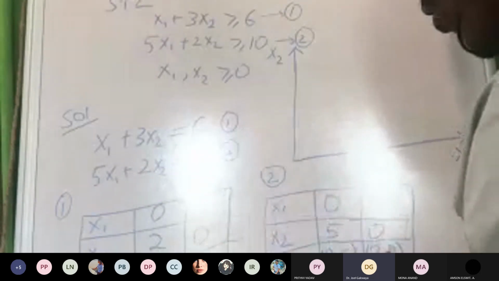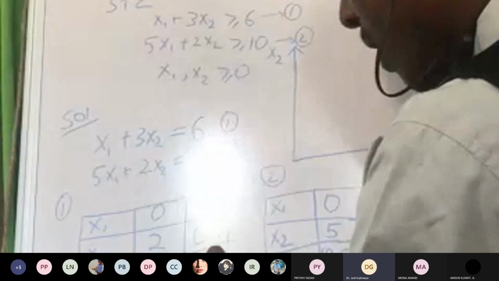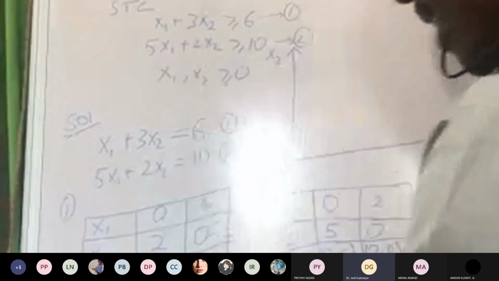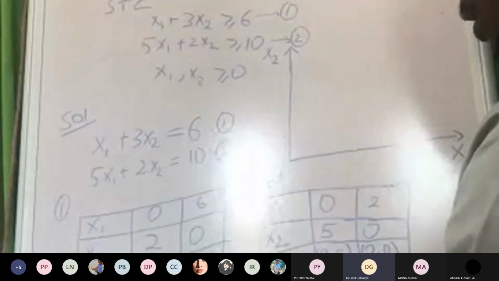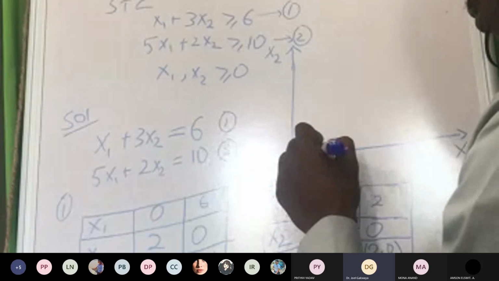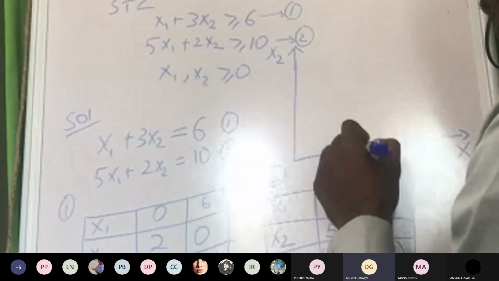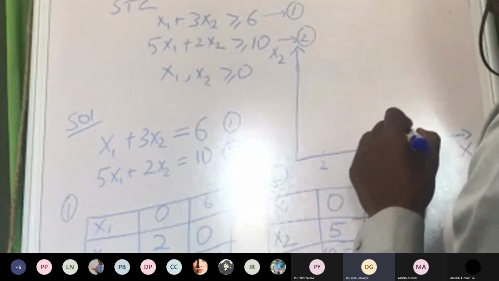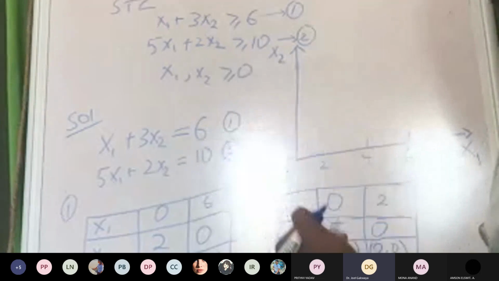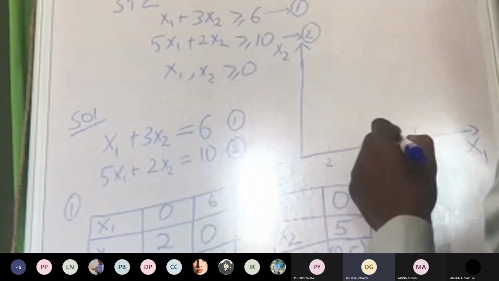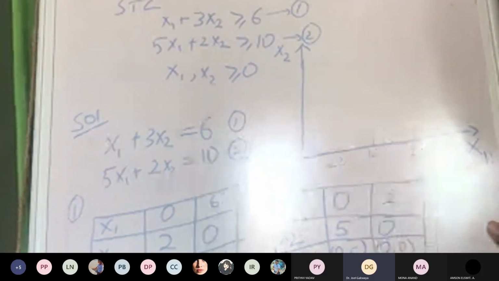The highest point I have here is 6, so if I keep an interval of 2, that is 2, 4, 6, it's okay. No problem.